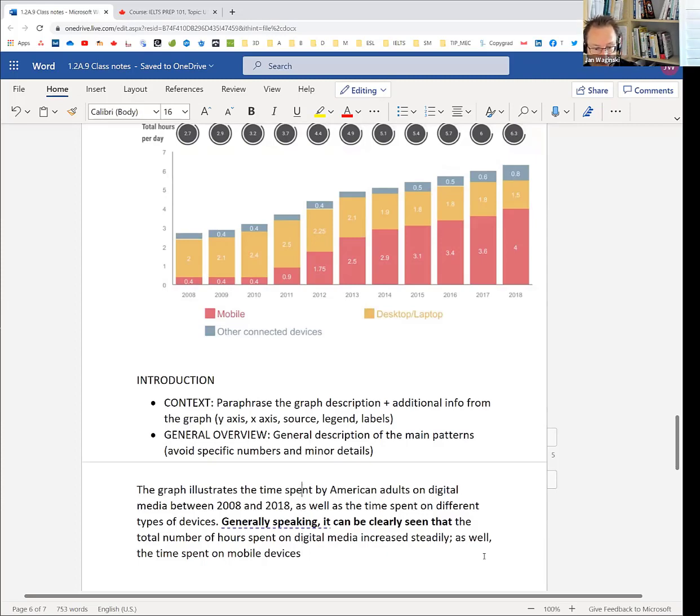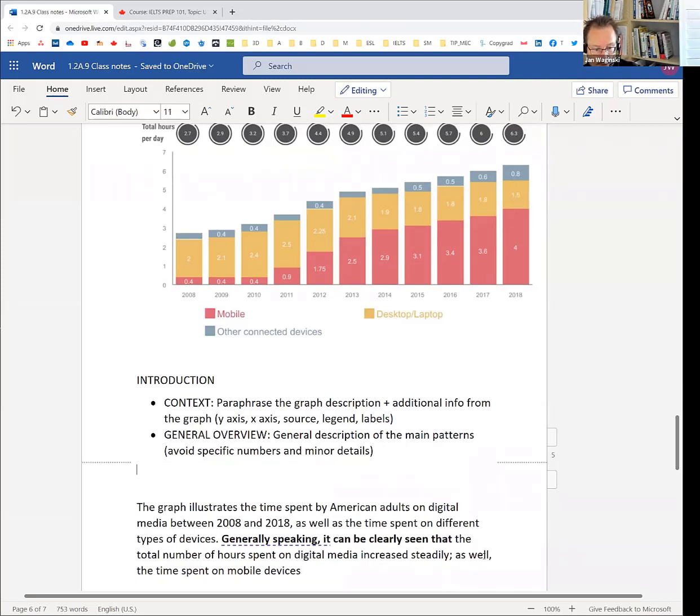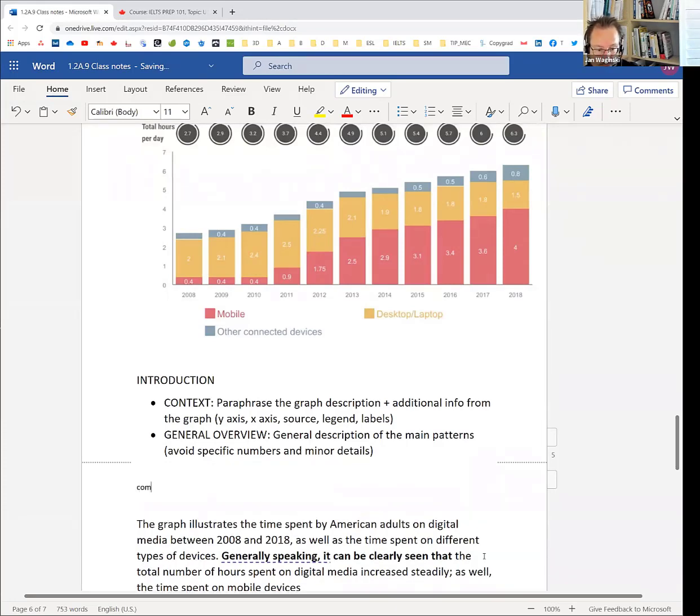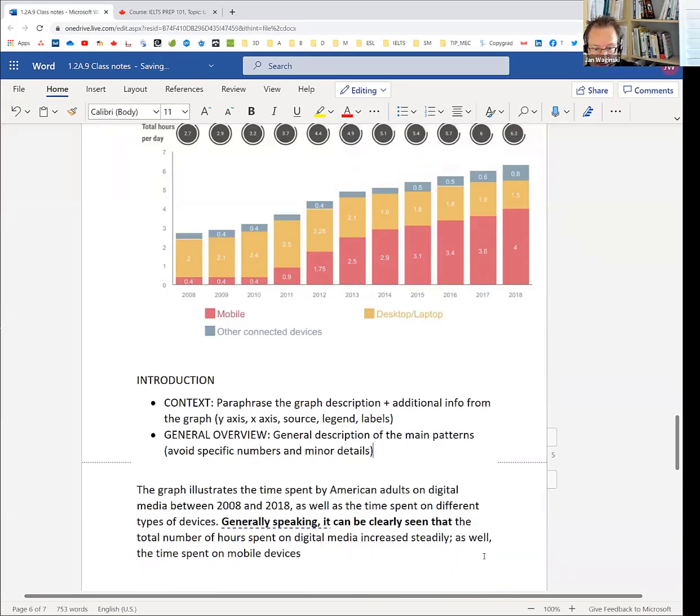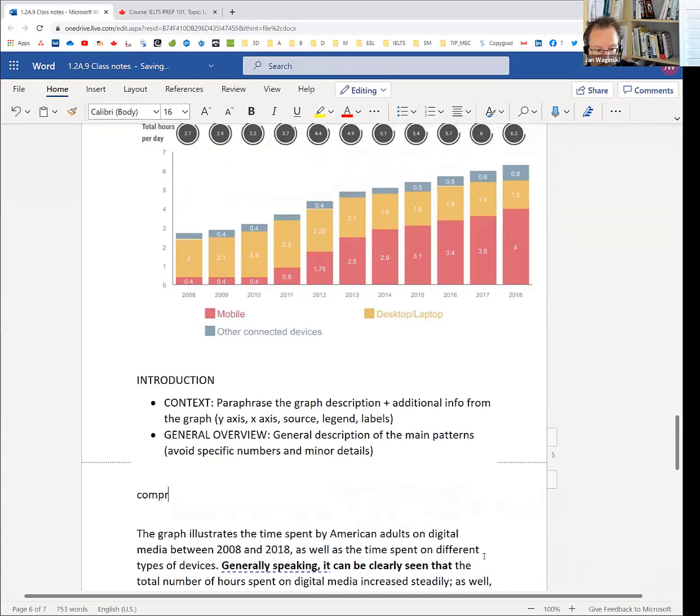There's a few words that are going to be really helpful in this graph, and that's comprised. Why does it keep switching? Okay. Comprised, constituted, made up. These three words or phrases are really important for task 1. We use them all the time.